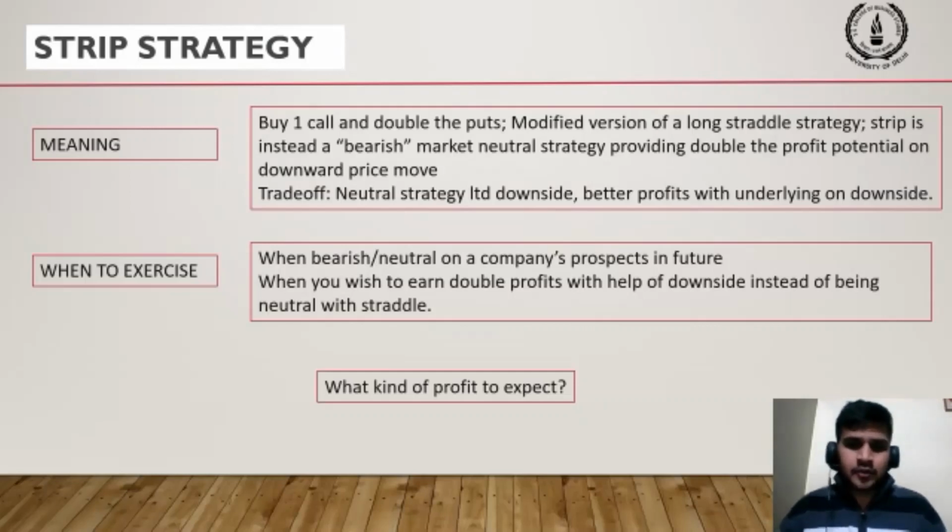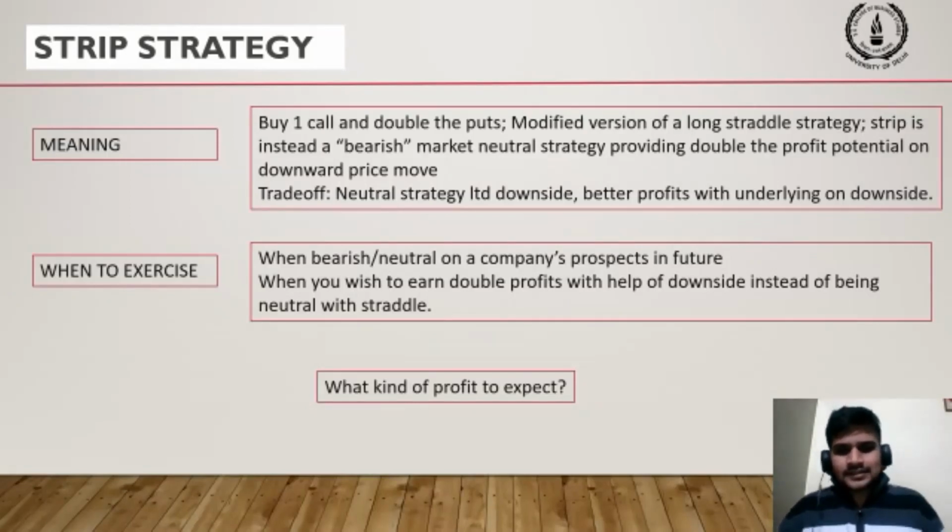Here we have two put options because we hope that the market would go down. The trade-off is of course the neutral. It is a neutral strategy, so it is hoped that it would go downside and the profit would be unlimited and double than what would have been possible when you use the straddle strategy.